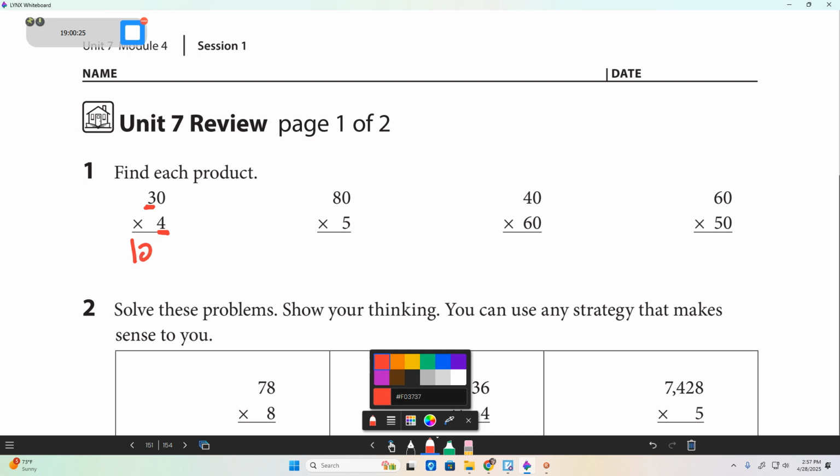That's 12. 1 zero in the problem, 1 zero in the answer. 8 times 5 is 40. 1 zero in the problem, 1 zero in the answer. 4 times 6 is 24. 2 zeros in the problem, 2 zeros in the answer. 6 times 5 is 30. Maybe say 2 extra in the problem, 2 extra in the answer, right? That 0 was part of the 30, so we need 2 zeros in addition to that.